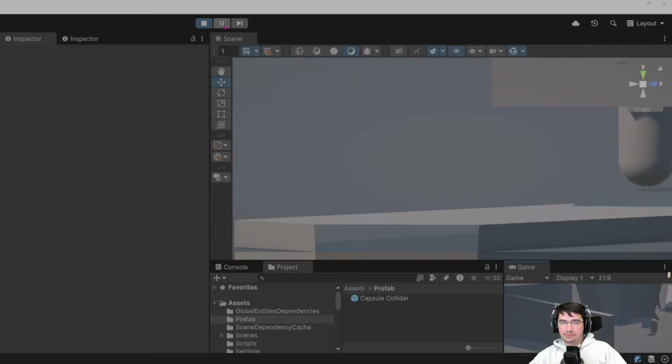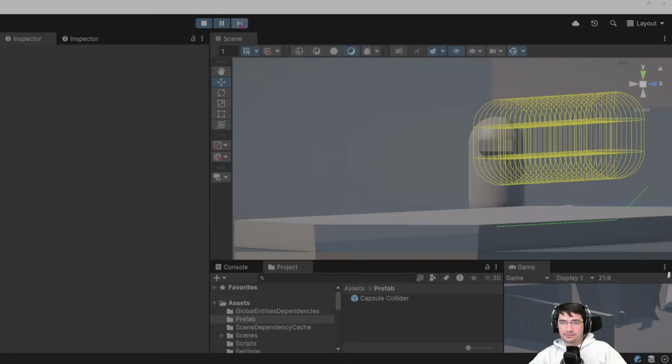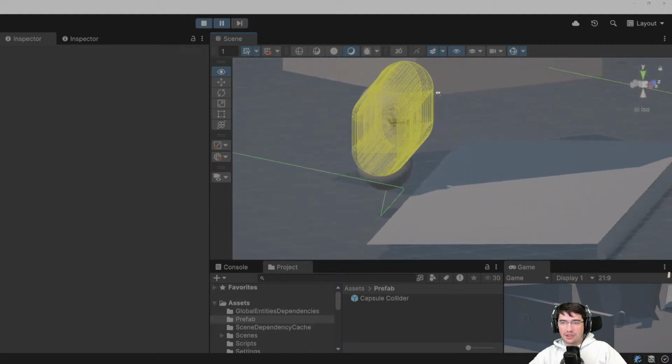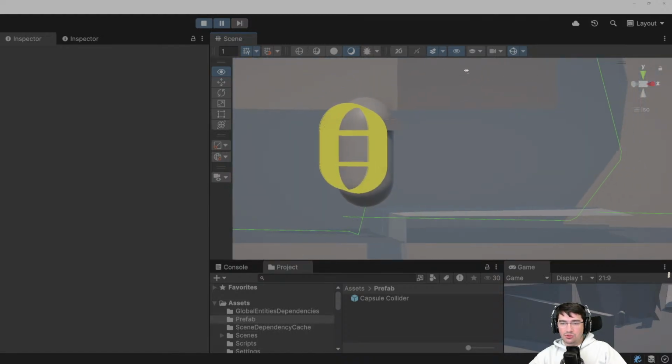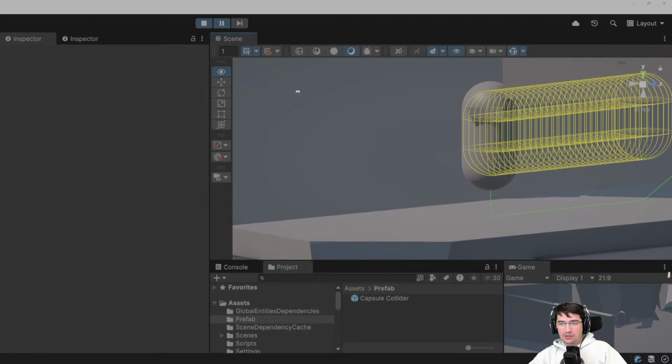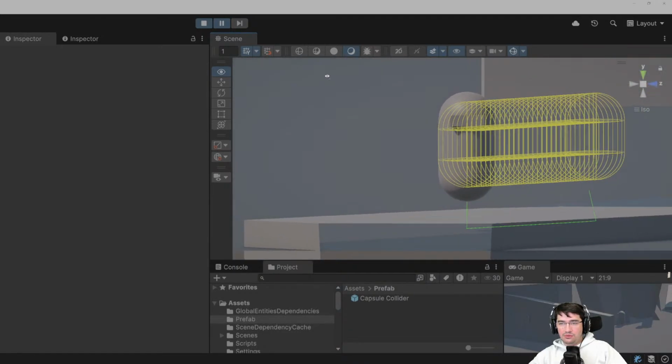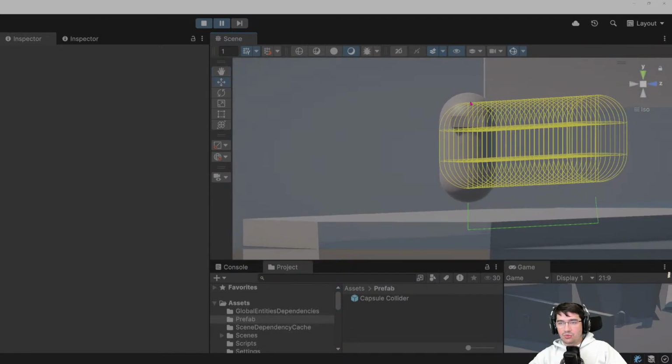It's too fast. Yeah, I'm still colliding much more than my step.